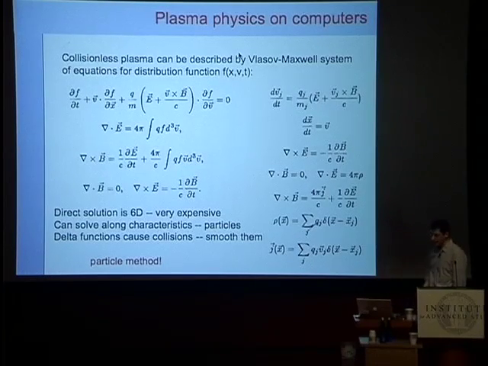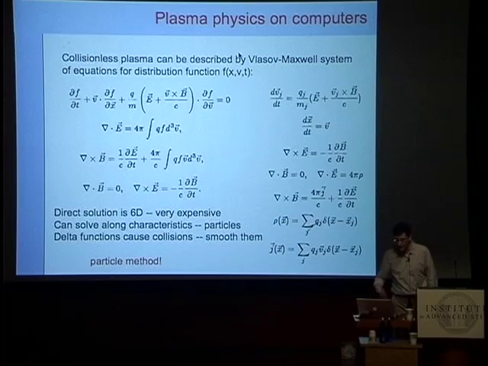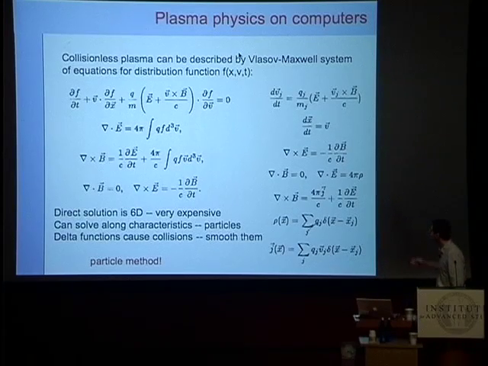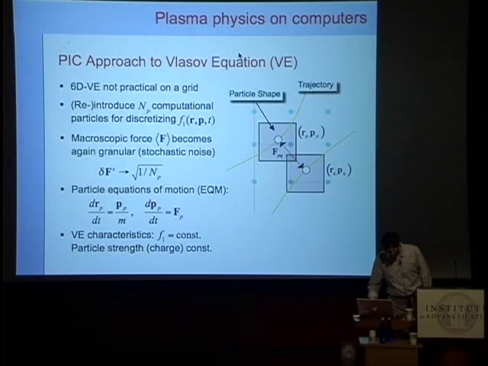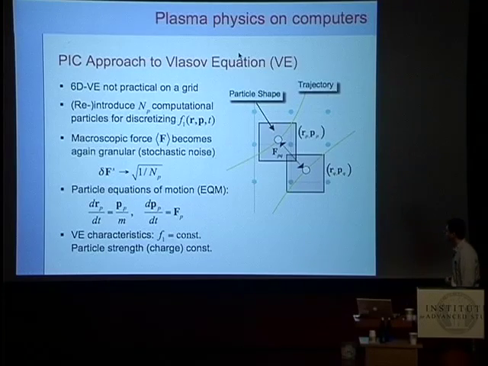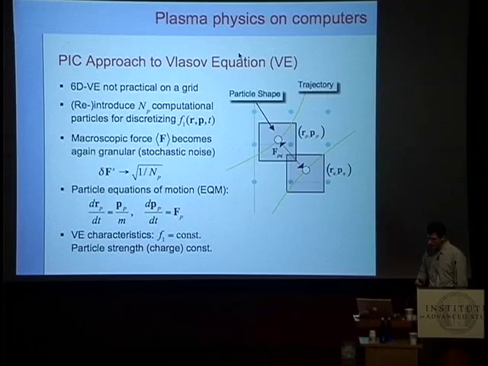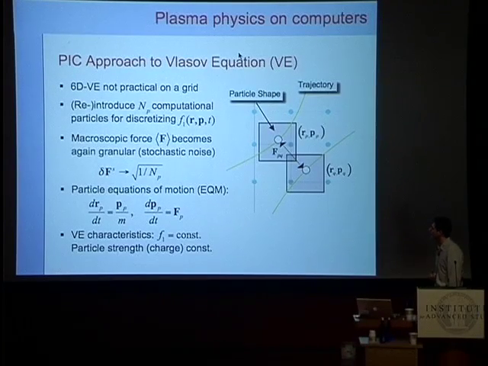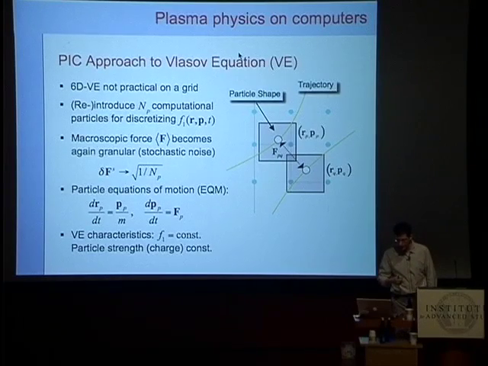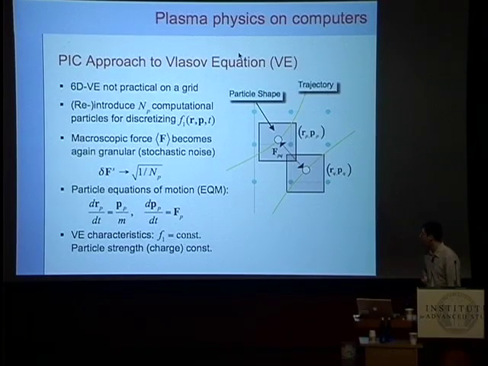So this is what formally looks like a decent way of solving this Vlasov-Maxwell equation system. Okay, so in order to solve this using point particles, you will find that you will run into two types of issues.